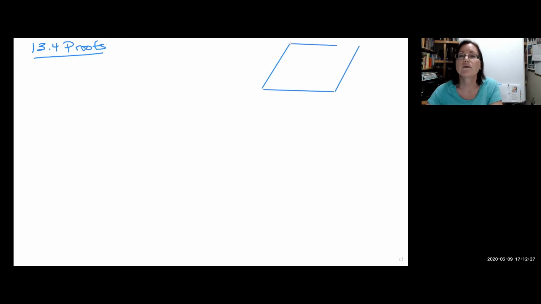Okay, so that looks pretty decent. And it told us that the opposite angles are congruent to each other. So I'm going to mark it this way.